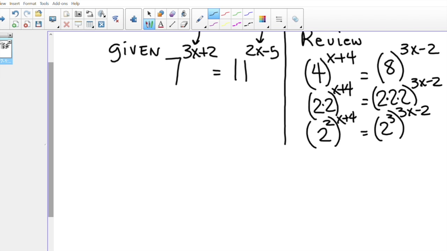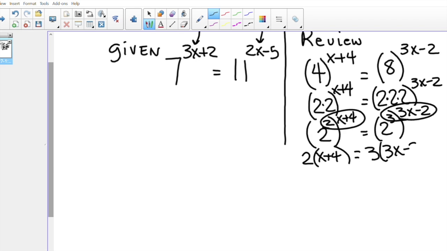Now, if you have the same base, then the exponents are equal. 2 times x plus 4 equals 3 times 3x minus 2.